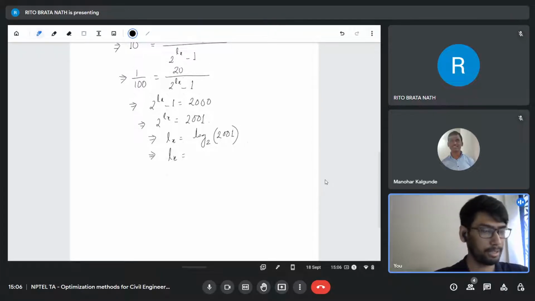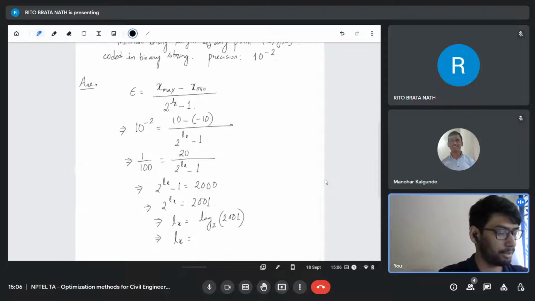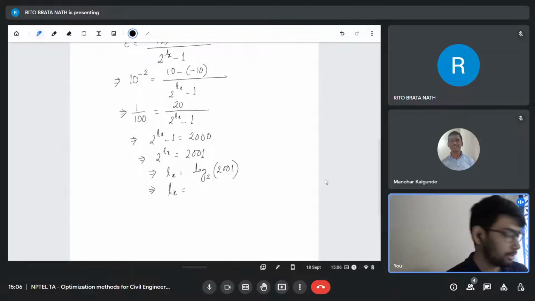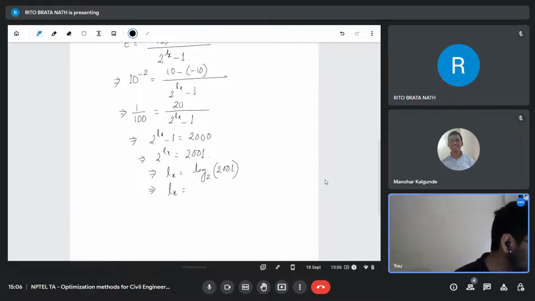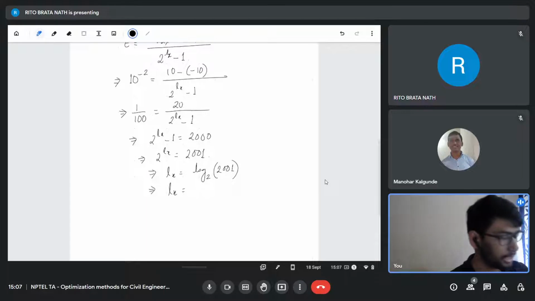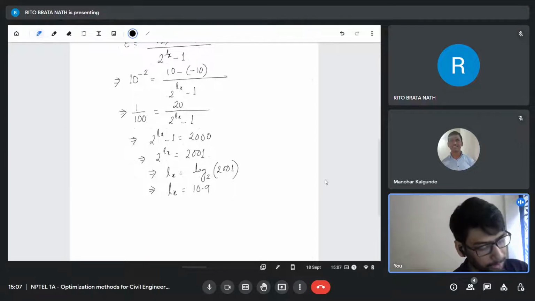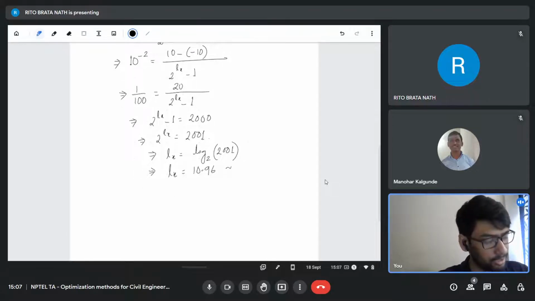Let me do that just now. You will get 10.96 if you calculate this. Since you are dealing with the length of the string, you have to round it to the next integer, so that means 11. That's how you can find the length of the string corresponding to x.